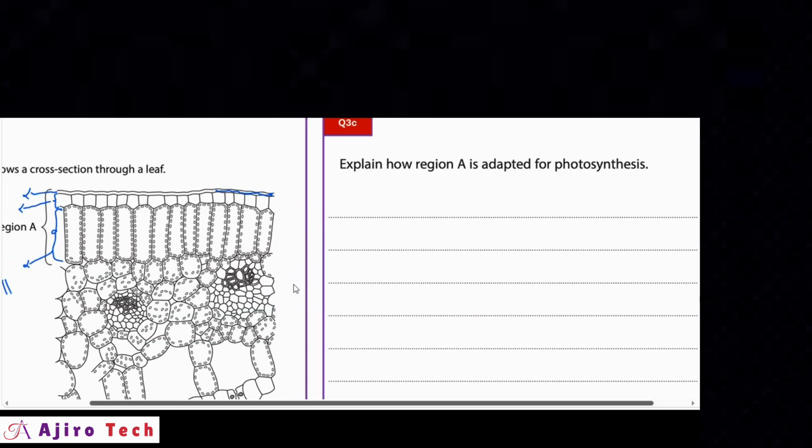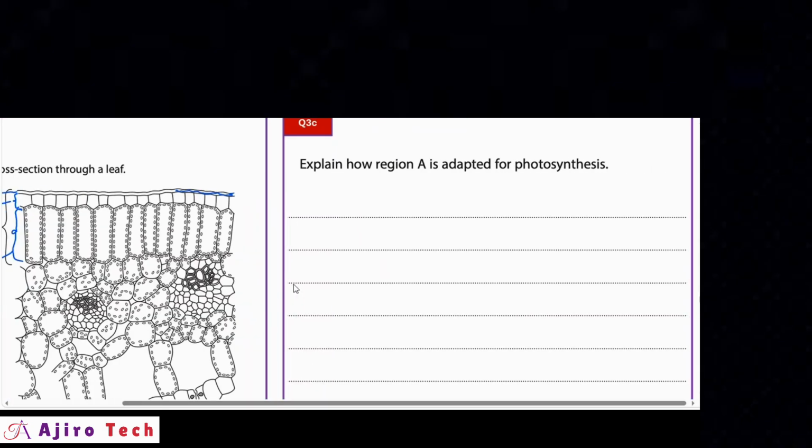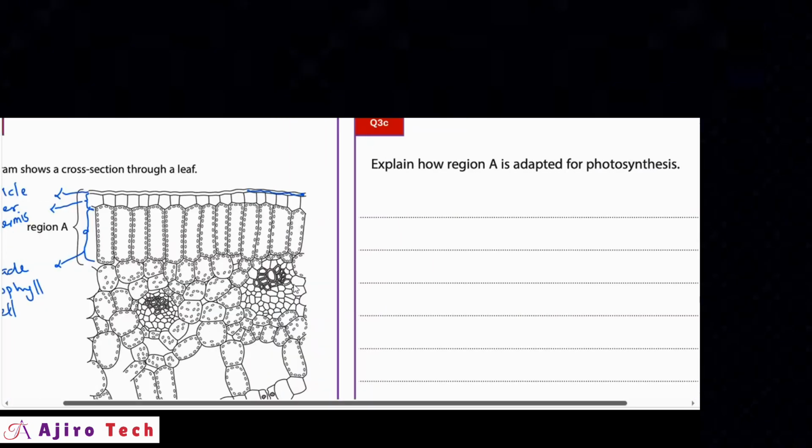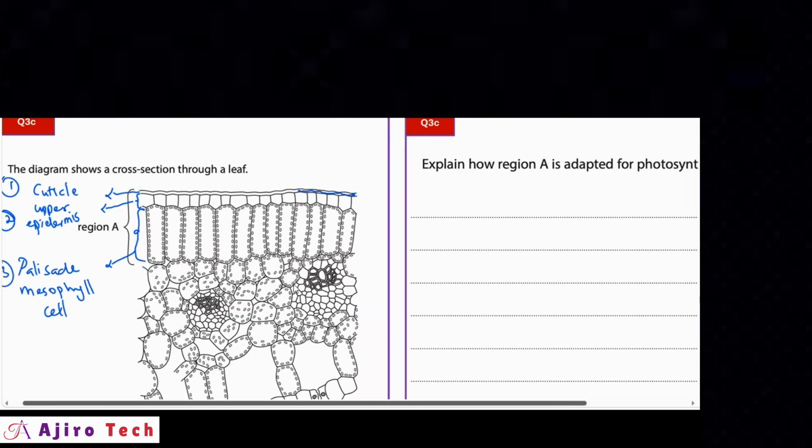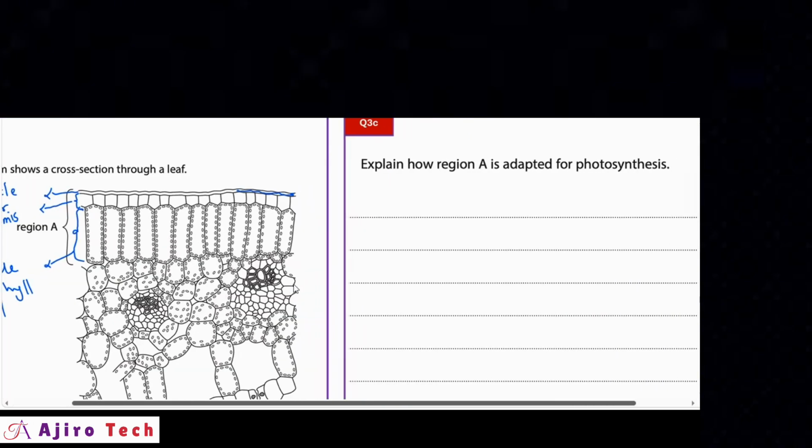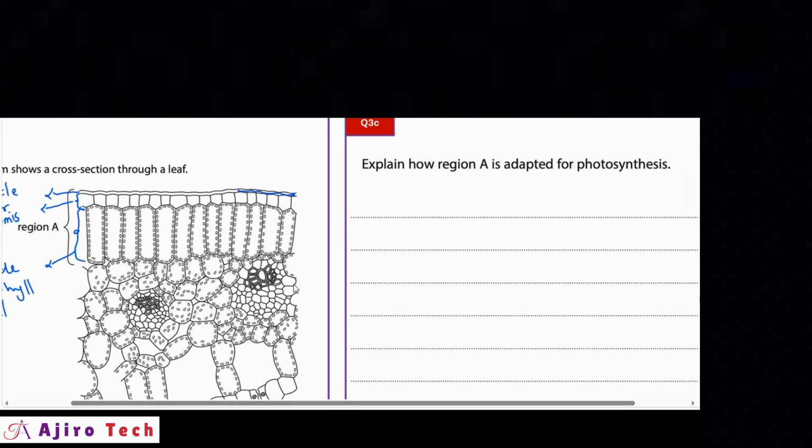So explain region A, cuticle. Now the function of the cuticle is that it helps to conserve water. Why does the cuticle help in conserving water? Because it is waxy in nature. Waxy in the sense that it is very smooth, thin, and shiny.